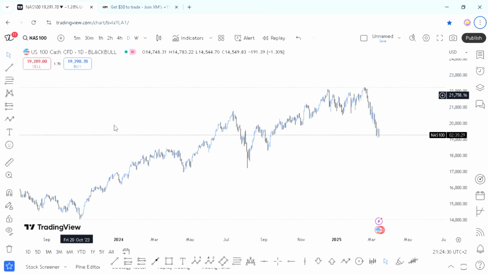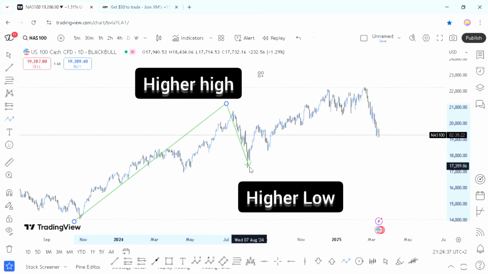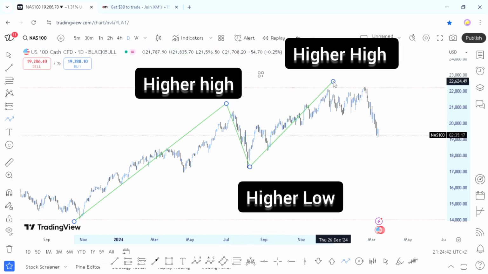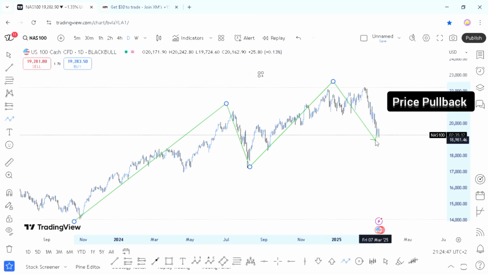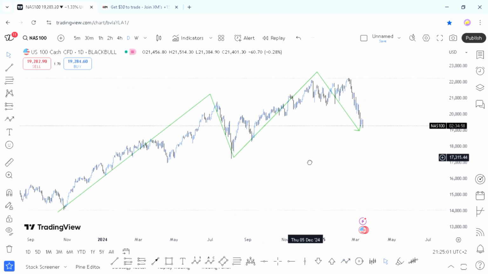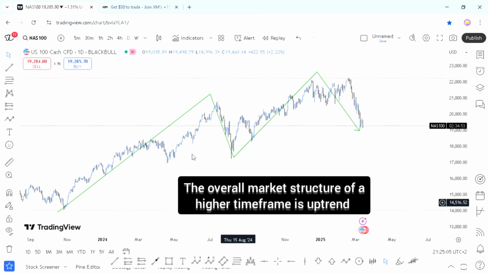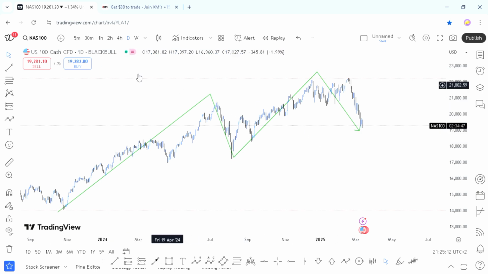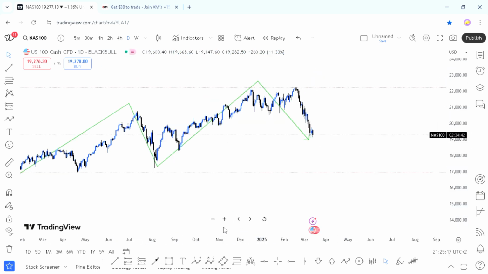We can see that this market is in an uptrend, creating higher highs, higher lows, higher highs, and now we had a pullback on the higher time frame. So what we should be doing is, with the overall market structure in an uptrend, moving down to our medium time frame, which is our 1 hour.